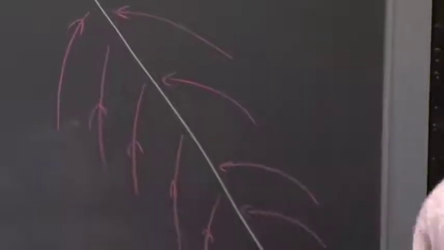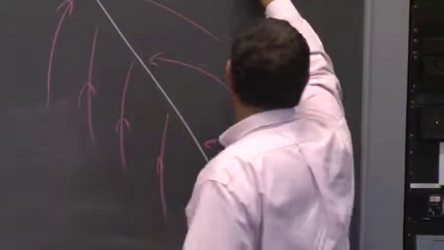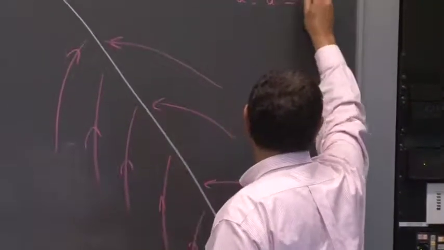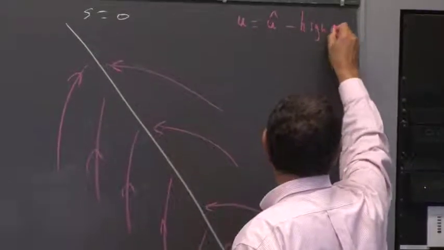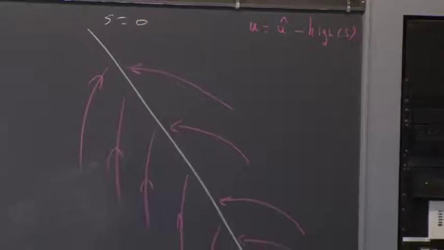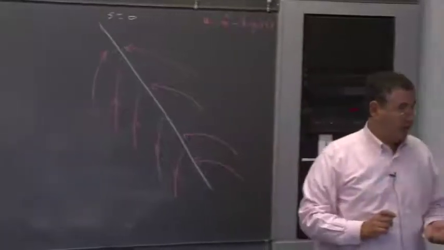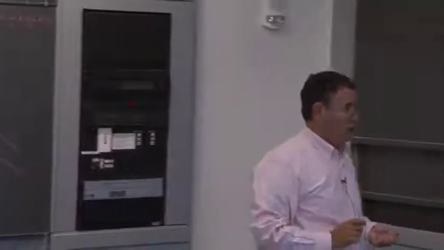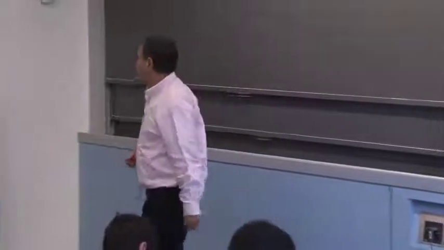So that's with u equal u hat minus k sine of s. Now, suppose I do not use u equal u hat minus k sine of s, but instead I replace k sine of s by k sat of s over phi.